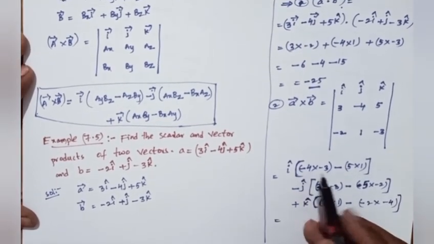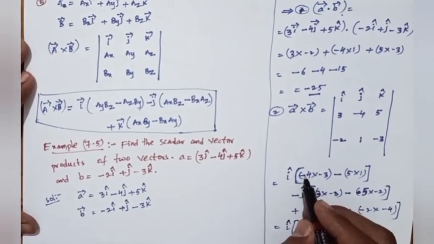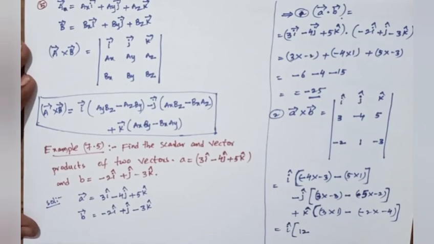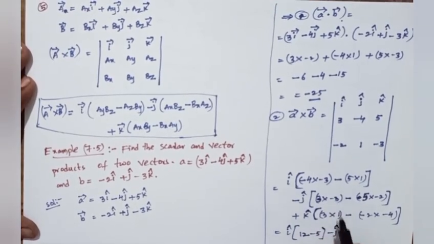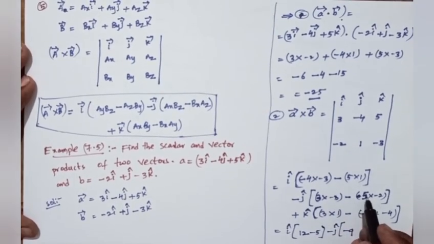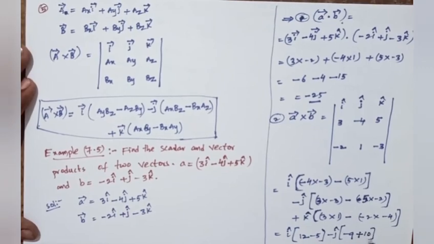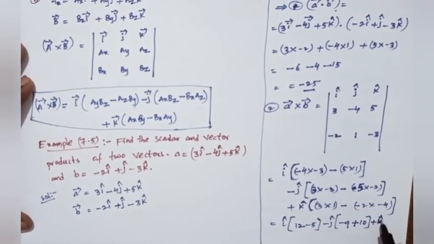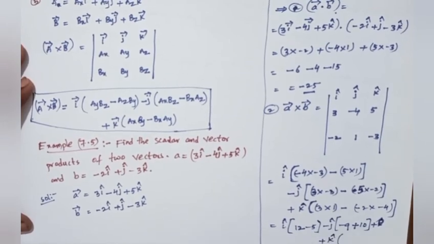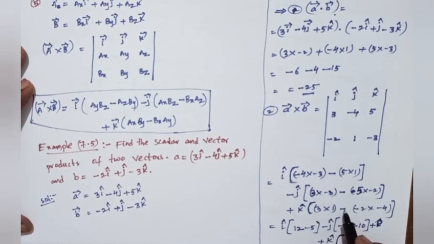That equals i cap into 12 minus 5, minus j cap into minus 9 plus 10, plus k cap into 3 minus 8.